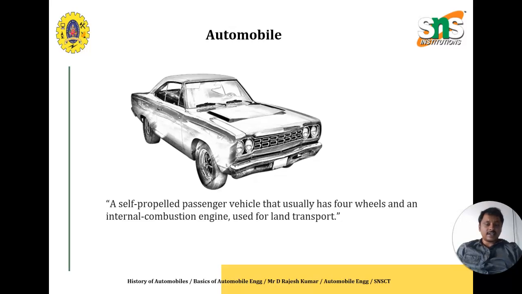So in olden days, an automobile was a self-propelled vehicle which usually has four wheels and an internal combustion engine used for road transport. That is land transport.